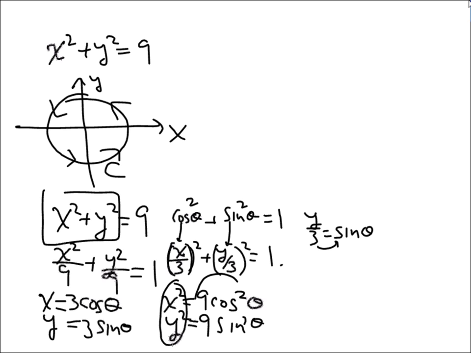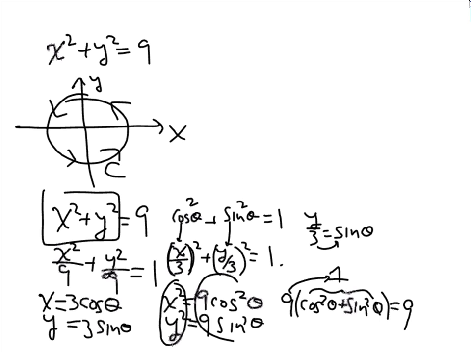And when you add the right-hand side, you can factor out the 9, and you get 9 times cosine squared theta plus sine squared theta. But what's inside those brackets is 1. And of course, 9 times 1 is 9. So when you add the left sides, you get x squared plus y squared, and when you add the right side, you get 9. Exactly what we're supposed to get.